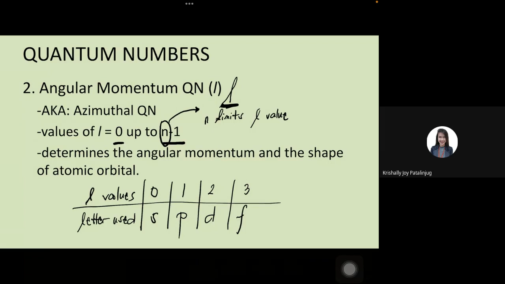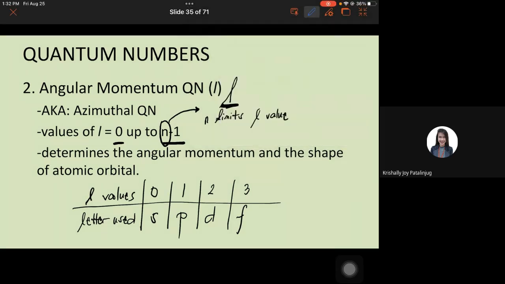I have introduced these letters earlier, S, P, D, F. Remember, they have different shapes. That is why, for angular momentum, its importance is that it determines the shape of the atomic orbital.